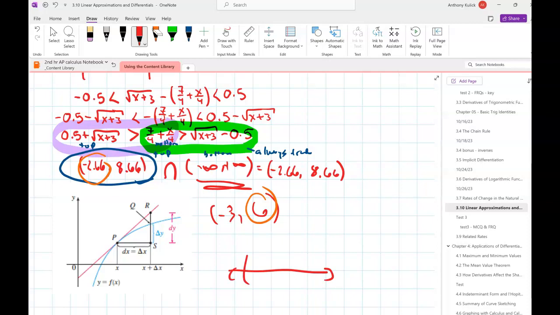So this is negative 266 to 866, and then we have negative 3 to 6. My overlap would be there, right? Okay. All right. That's all we're saying. Just basic set stuff, right? When we talk about the intersection, where these two things overlap.